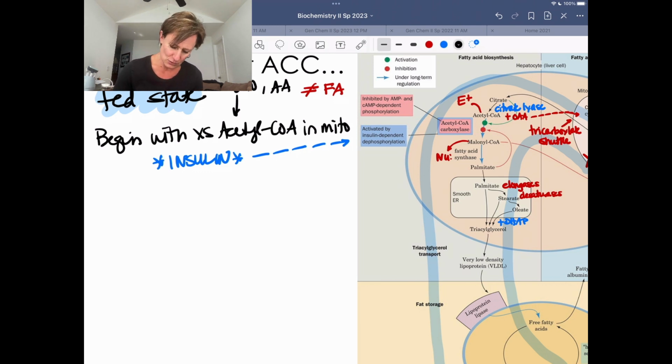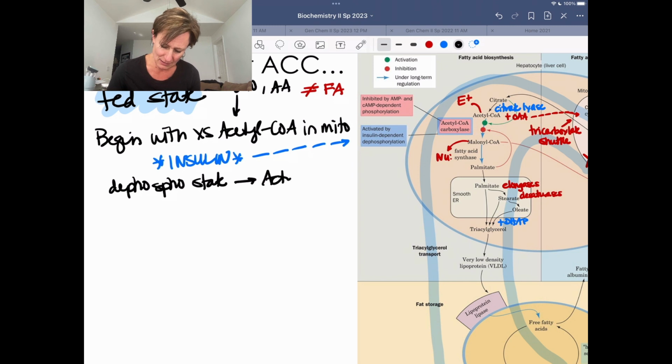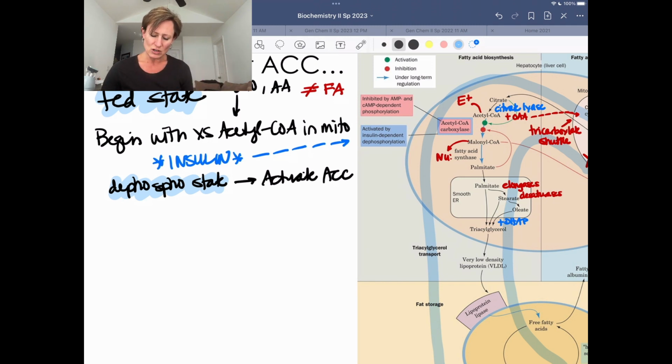So that dephospho state is going to be what activates ACC. So all of this is internally consistent. Fed state means dephospho state. Fed state means high insulin levels. High insulin levels are going to activate a phosphatase that is going to dephosphorylate and thus activate ACC.